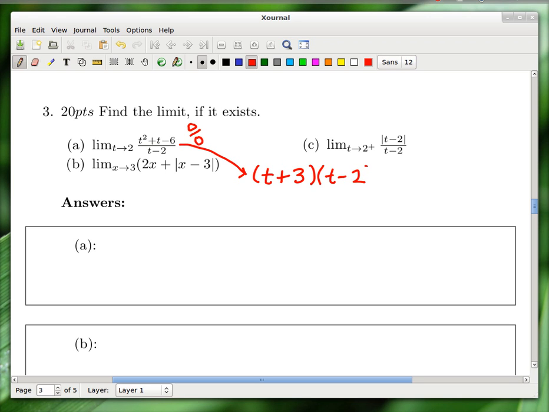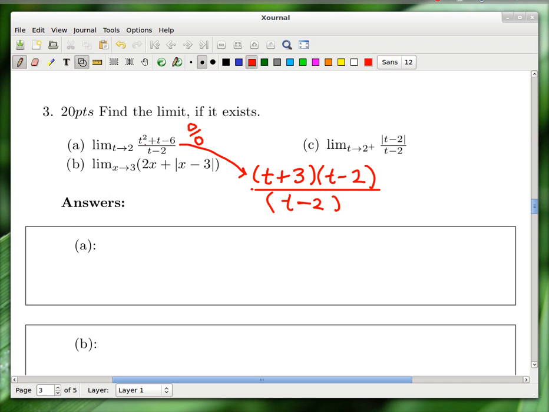Okay, I just factored this polynomial, and if you are uncomfortable factoring polynomials, then we need to talk. And you could also get some help with that online, I'm sure, over at the Khan Academy or Wikipedia. And we still have this t minus 2 on the bottom here.